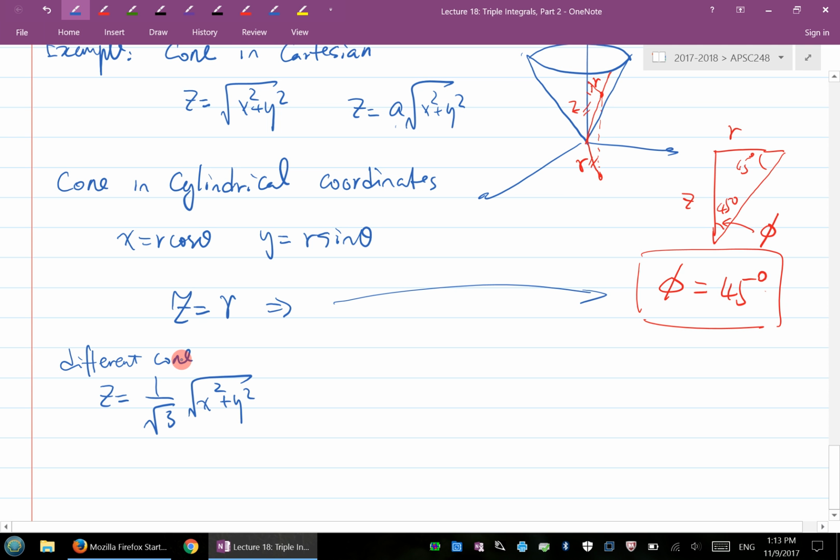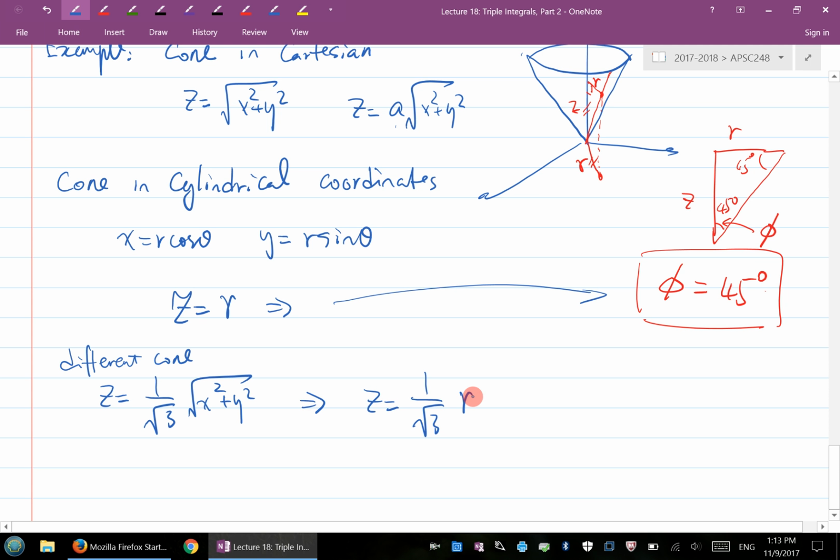Now this is a different cone, because this coefficient is not 1, it's 1 over root 3. If I use a similar approach, we get z equal to 1 over root 3 times r.